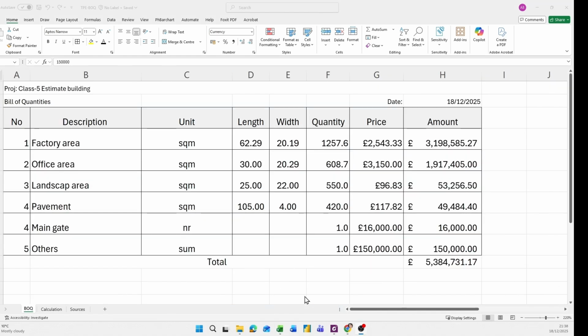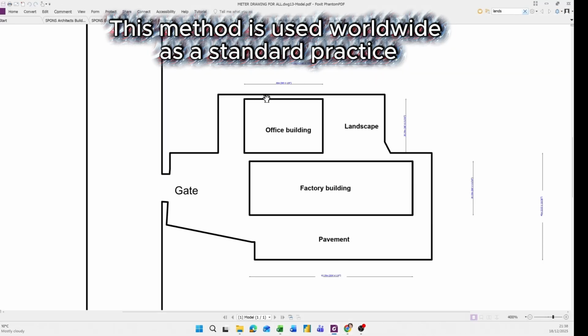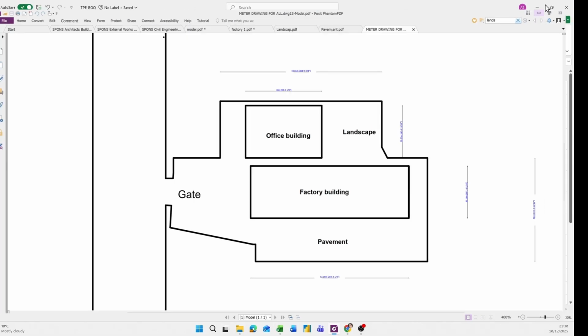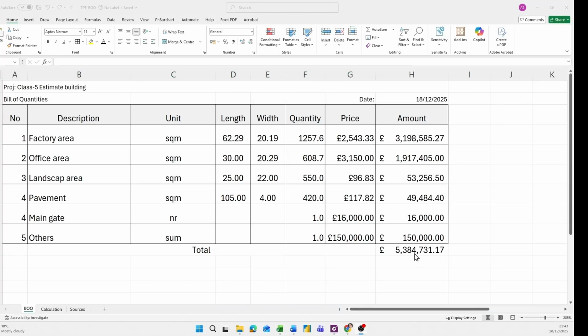For the main gate we keep some provision here, because we don't have the details, and we also keep another provision of 150,000 because for this area and other areas we don't know what they would be, so it will be covered by this amount. So this is the full amount, 5.3 million pound.